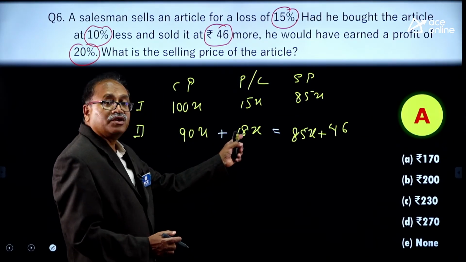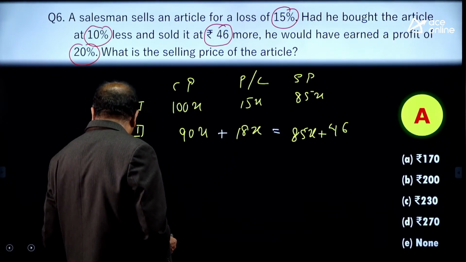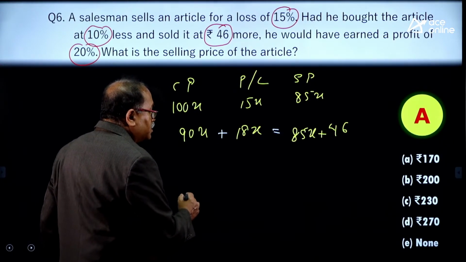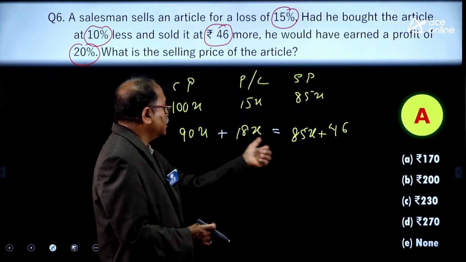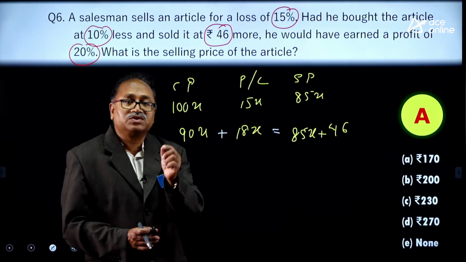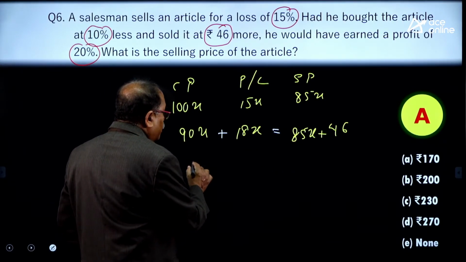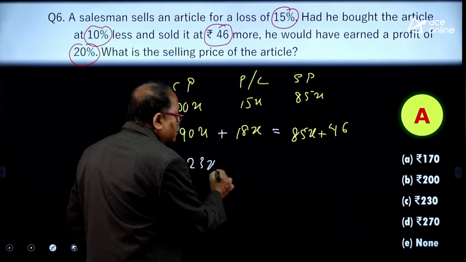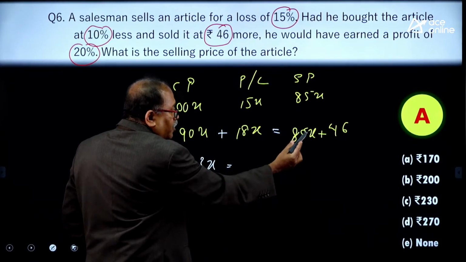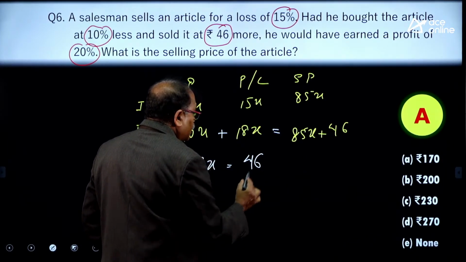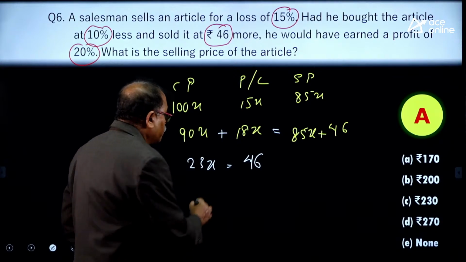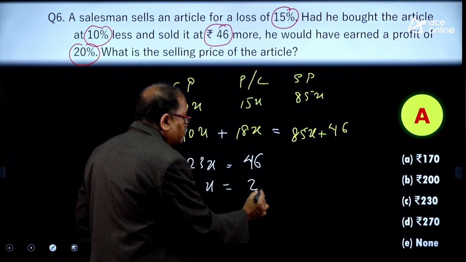Is it not 108x? So, let us write down this one, and here it is 108x minus 85x, that is 23x. Now, 23x is equal to 46, then what is the x value? 2. So, x is equal to 2.